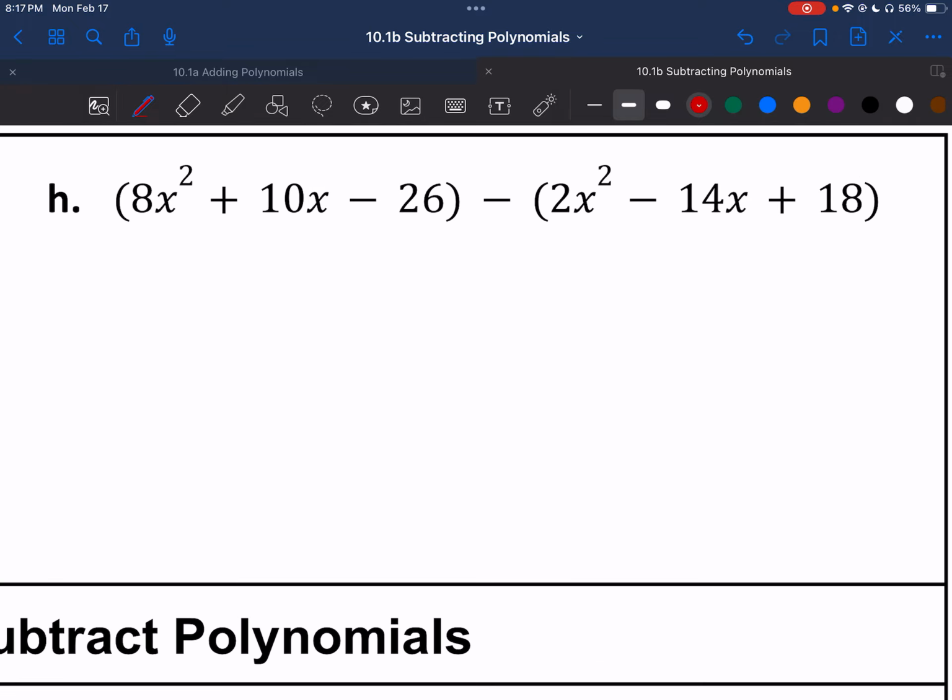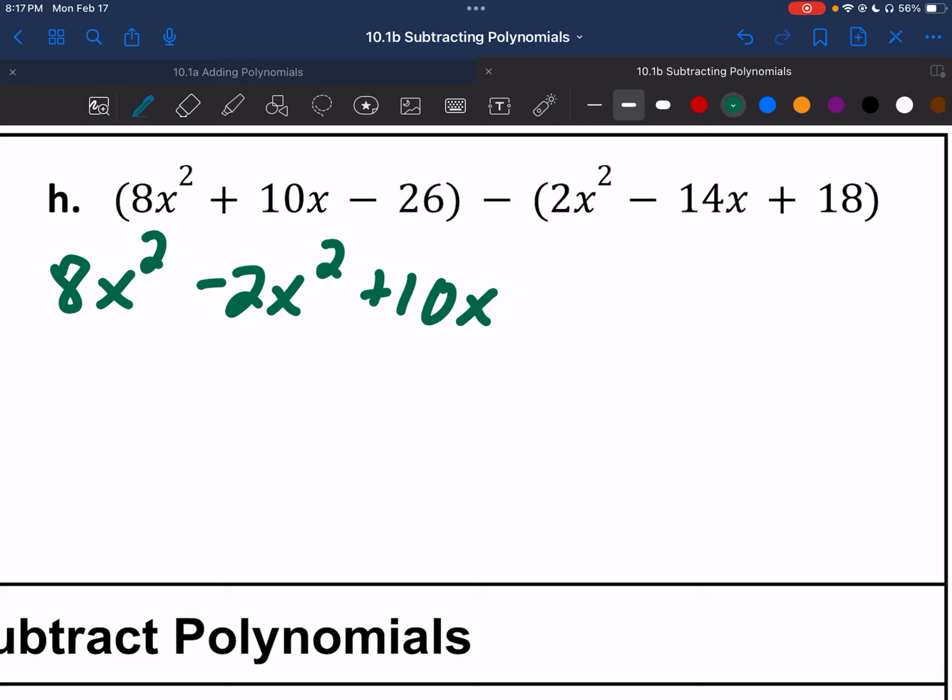Letter H, we have 8x squared minus 2x squared plus 10x squared. Additive inverse of negative 14x is plus 14x, and that's 10x, not x squared. So we're plus 4x and then plus 14x minus 26.